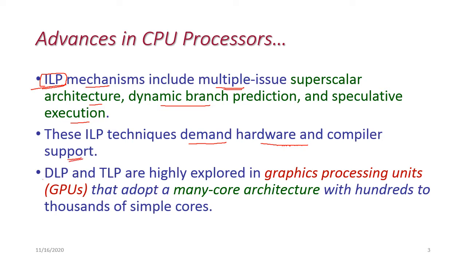Next, data level parallelism and task level parallelism are explored in GPUs, that is graphics processing units, which adopt many core architecture. Many means hundreds to thousands of simple cores, so many tasks are executed simultaneously in those processes.